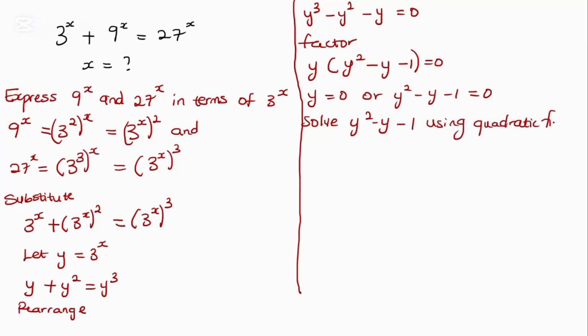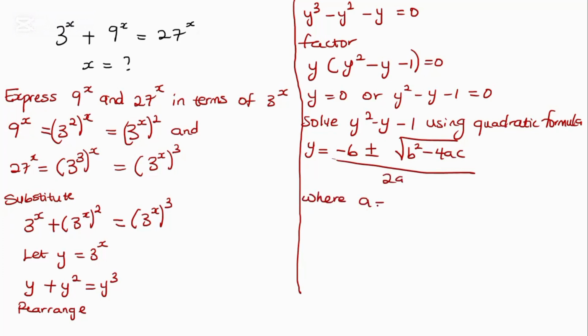The quadratic formula states y is equal to negative b plus or minus the root of b squared minus 4ac, all over 2a, whereby from the equation we have that a is equal to 1, b is equal to negative 1, and c is equal to negative 1.